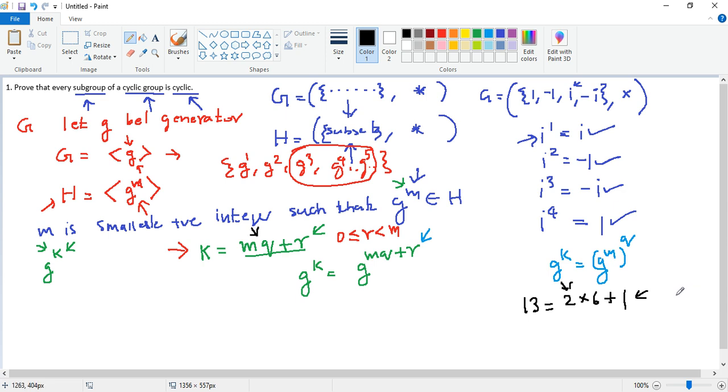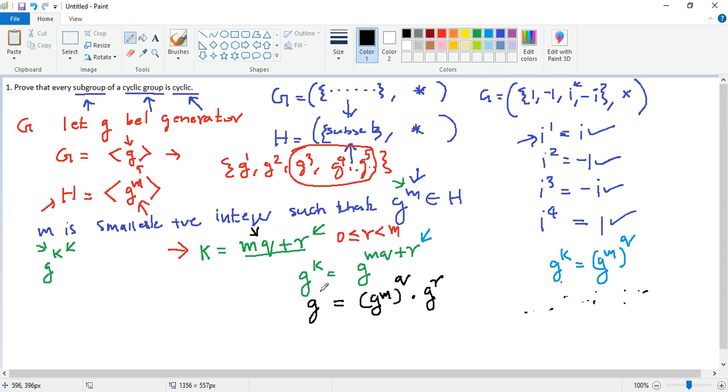And it can be 0 or any integer that is less than 2, right? Okay, now our goal is, I can rewrite this as g to the power m to the power q times g to the power r.